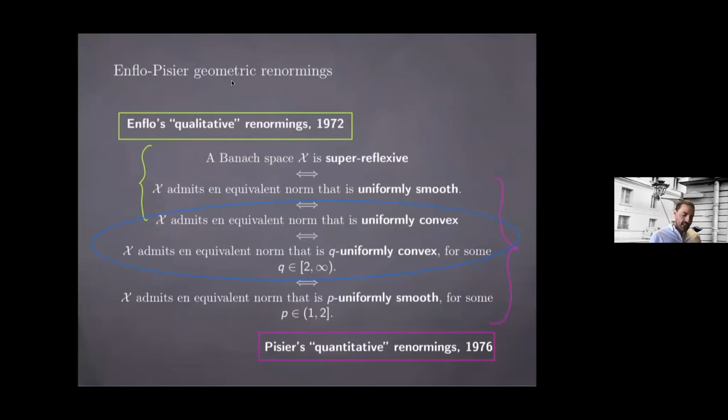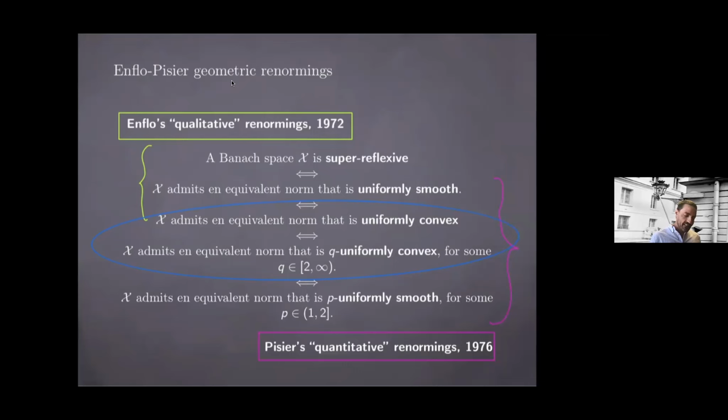Now, what Pisier showed is a quantitative refinement of Enflo's renorming, and this was truly a very deep result, and a lot of things came out of this renorming theorem.